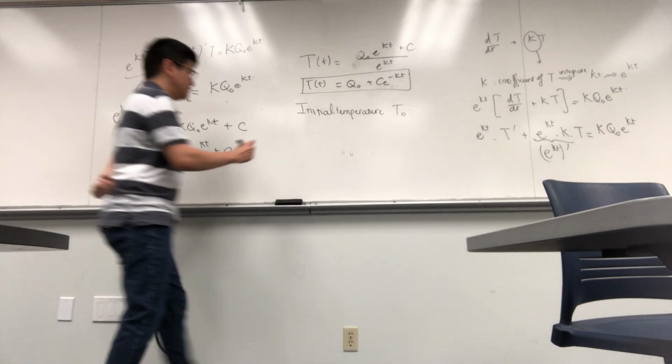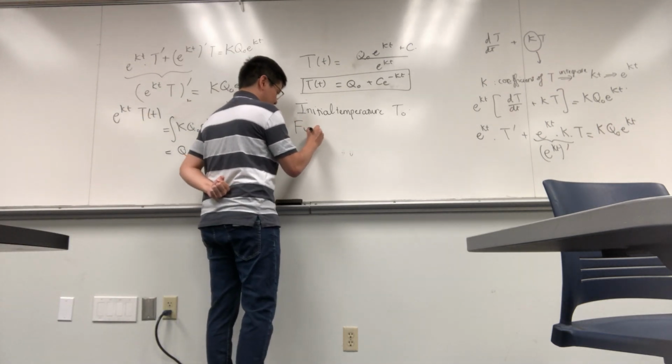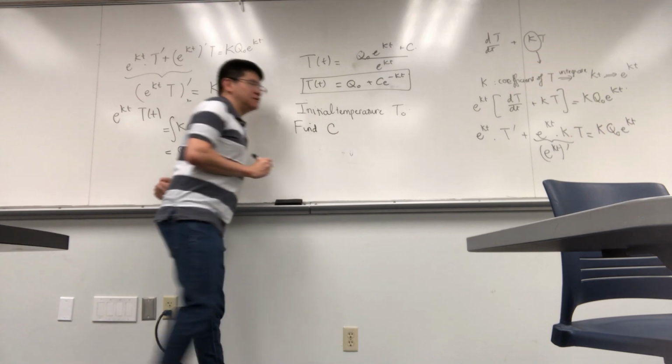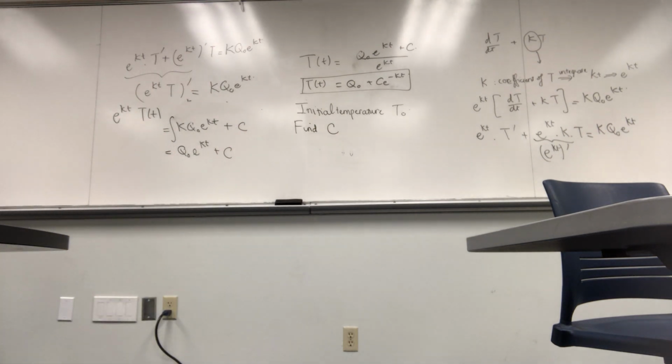Find C. Now suppose I tell you that the initial temperature of this glass of water is T0. So can you compute C? Just when t equals 0, so q0, so c is T0 minus q0.